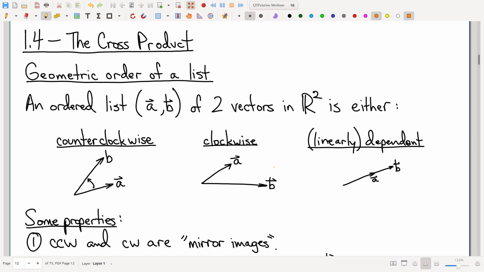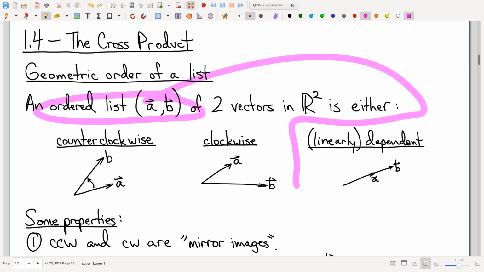Now, there are some anomalous, annoying possibilities. We could have something like this, in which my first vector is like so, and then the second vector is in the same direction. Would I call that clockwise or counterclockwise? It's kind of neither, right? It just doesn't make any sense.